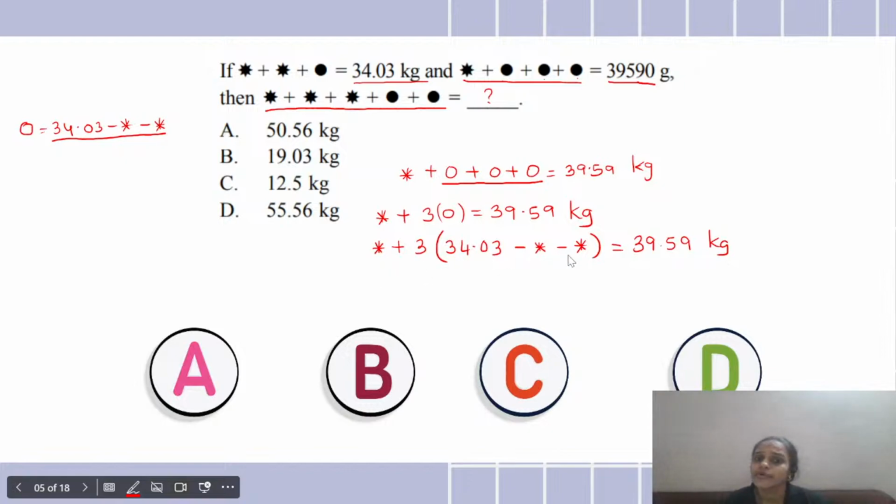Okay, now I'm going to open the bracket. So here, when I open the bracket, what do I get? Star plus 3 multiplied by 34.03, which equals 102.09, minus 3 times star minus 3 times star.